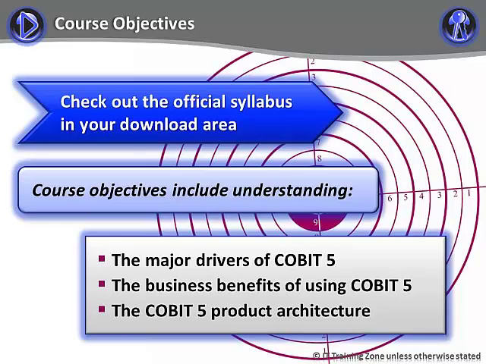The business benefits of using COBIT 5. Always remember that IT is the servant of the business. COBIT 5 is very much concerned with harnessing the power of IT in support of the business and its objectives. And the COBIT 5 product architecture: the landscape of COBIT 5, its structure and key elements.